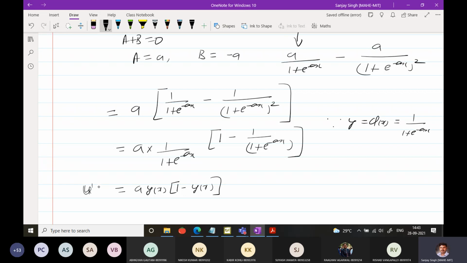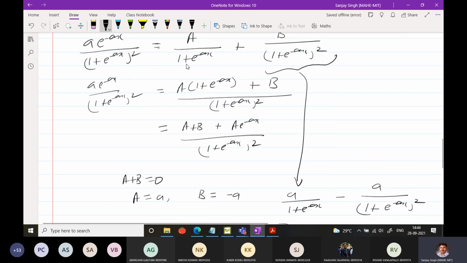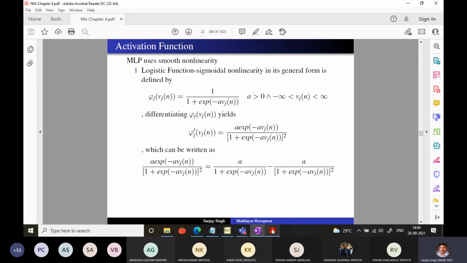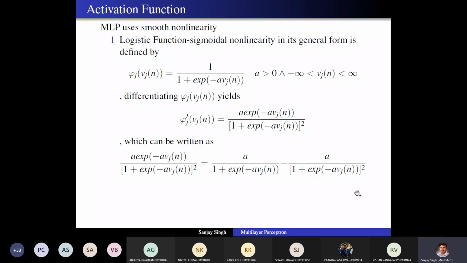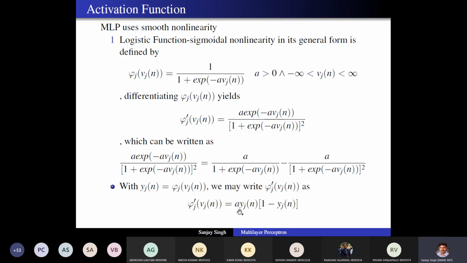The big deal is here. When we start writing those things in terms of simple terms, we can calculate all these things quite easily. So remember this entire derivation which I have done here. So ultimately you have written that phi prime is nothing but a yj times 1 minus yj. You just remember only this much.